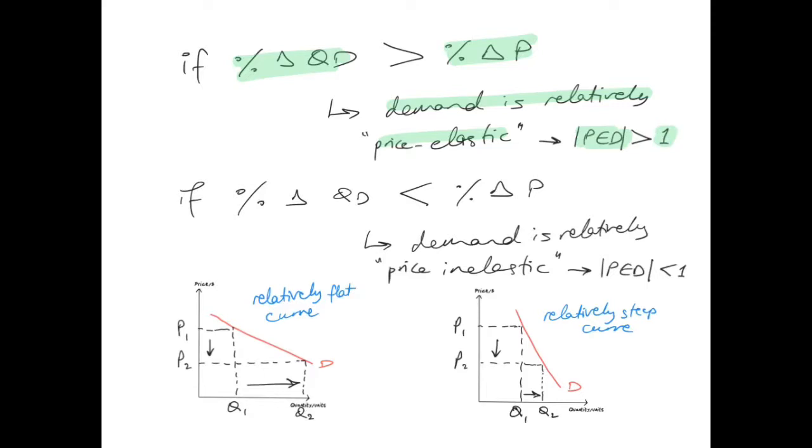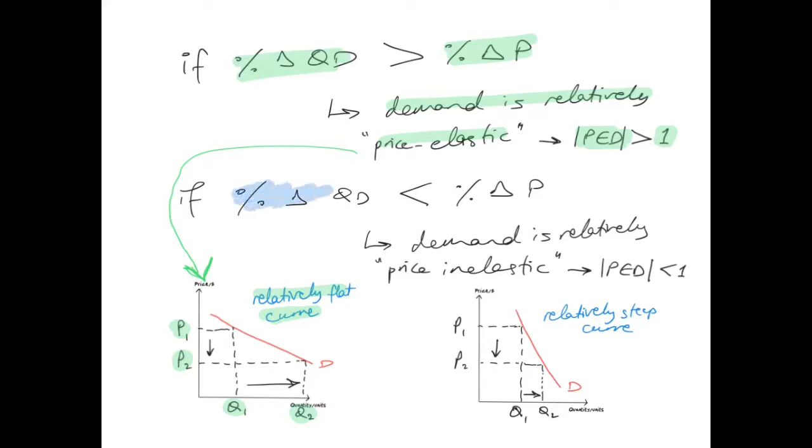The curve will look relatively flat, like this diagram here where I'm pointing with the arrow. Okay, you will have a relatively flat curve. As you can see, when price falls from P1 to P2, which looks like a 50% fall in price, for example, the increase in quantity is much larger than 50% from Q1 to Q2. Okay, and the opposite is true.